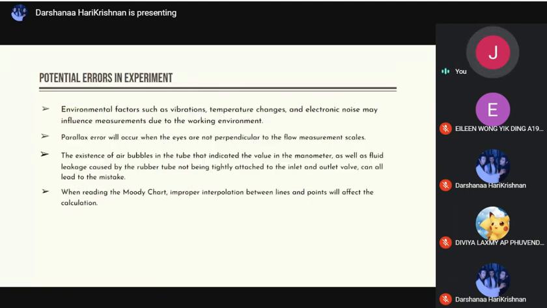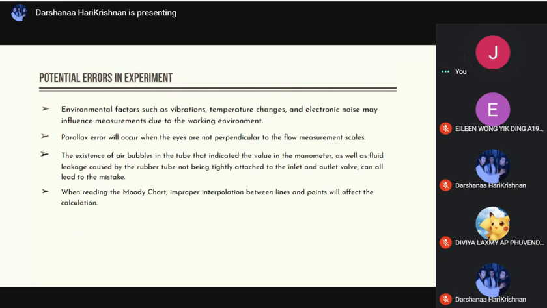So these are the potential errors when conducting the experiment. First one, the environmental factors such as vibrations, temperature changes, and electronic noise that can influence the measurements due to the working environment. Second, we have parallax error that will occur when the eyes are not perpendicular to the flow measurement scales.